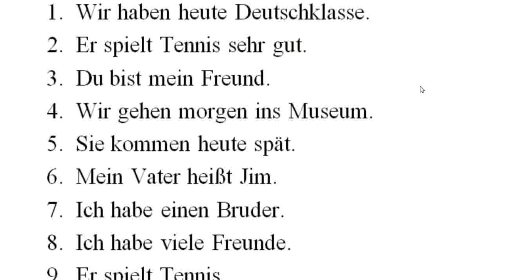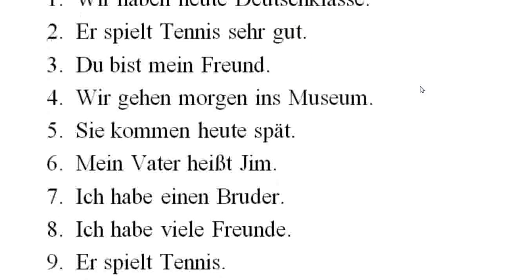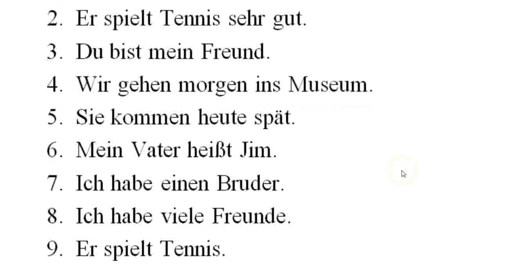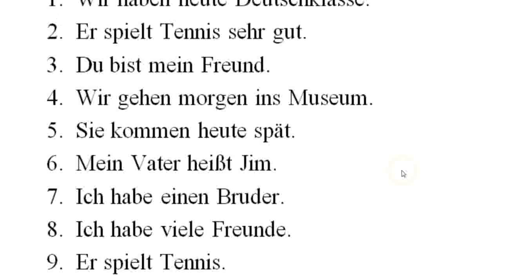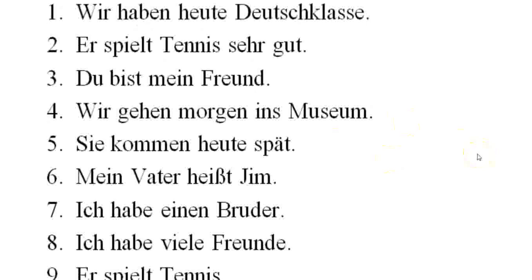Spielt Tennis sehr gut. Du bist mein Freund. Wir gehen morgen ins Museum. Sie kommen heute spät. Mein Vater heißt Jim. Ich habe einen Bruder. Ich habe viele Freunde. Spielt Tennis. Go ahead and pause this video and then resume when you are ready to check your answers.